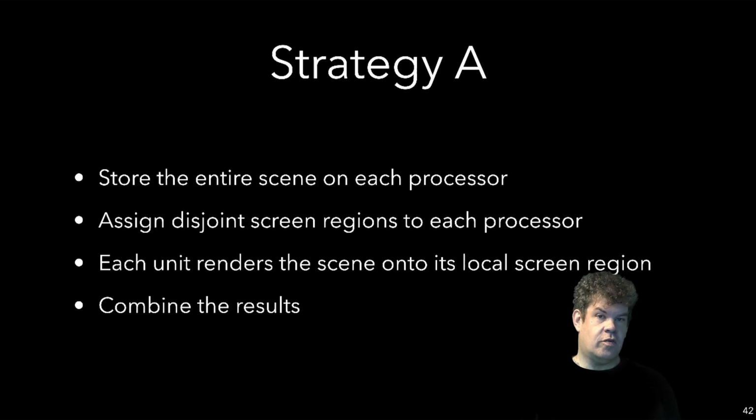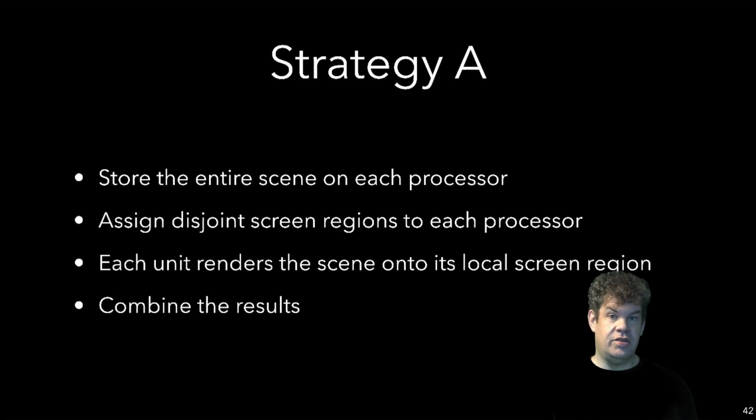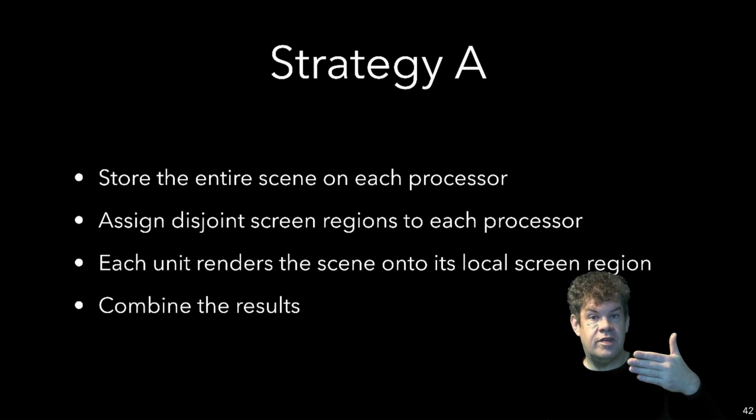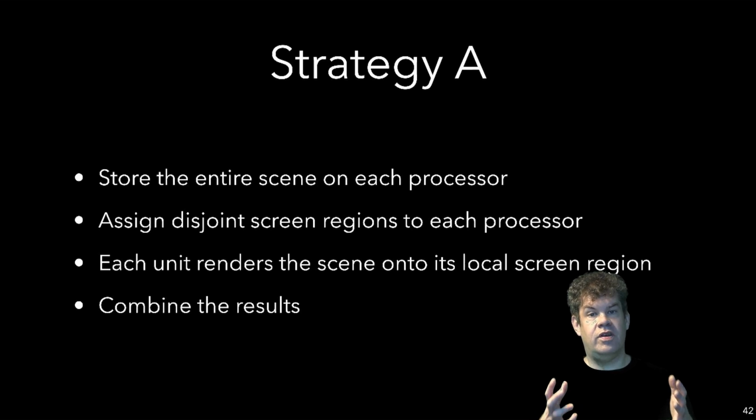That is also questionable because, well, since I copy the entire scene to each and every one of those devices, in particular when the performance is limited by, say, the vertices that need to be processed, still every card needs to process all the vertices in the scene. So we wouldn't gain anything. The only situation where you gain something is when the fragment processing is extremely expensive, right?